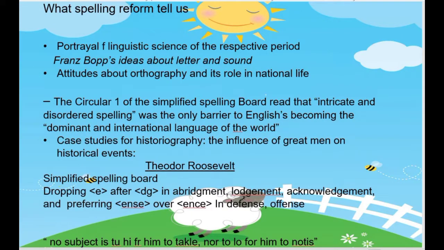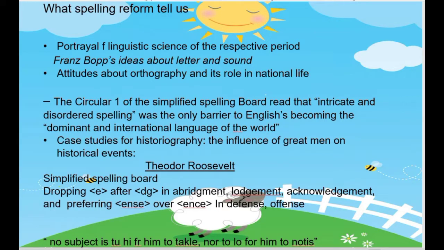It is an American organization created in 1906 to reform the spelling of the English language, making it simpler and easier to learn, and it would help eliminate a lot of what are considered to be its inconsistencies.